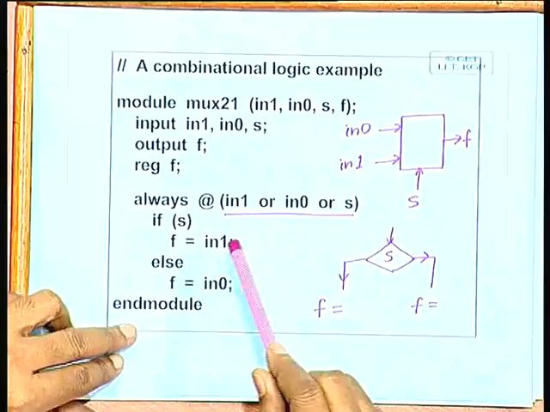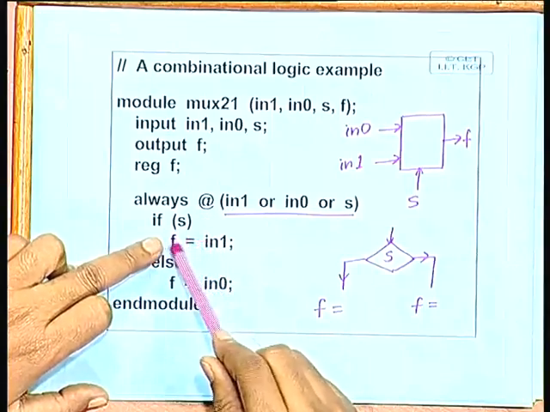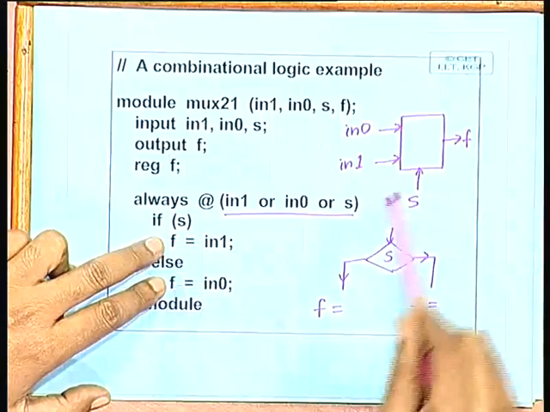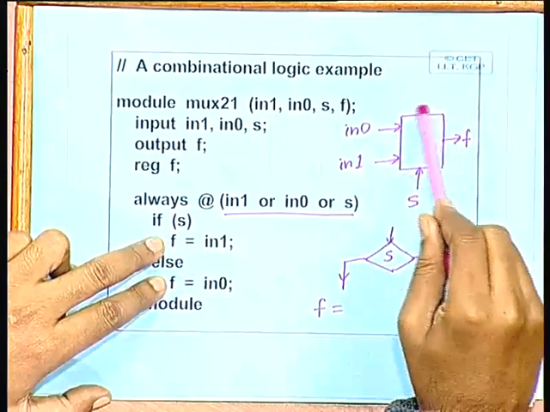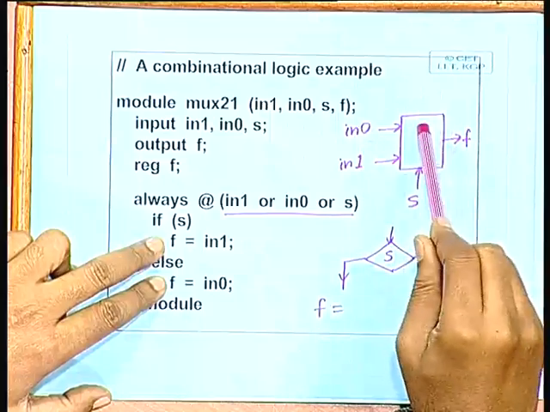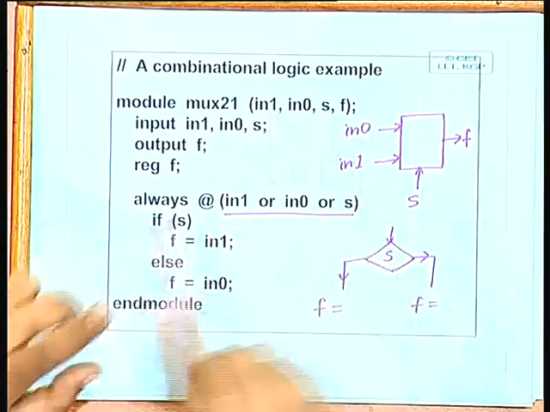Now, number one thing, see, this f being a reg does not mean that the logic you are realizing to assign to f has to be sequential. See, here we are synthesizing the logic that is used to generate the value of f. But sir, it will synthesize a reg as some hardware block that can store data.